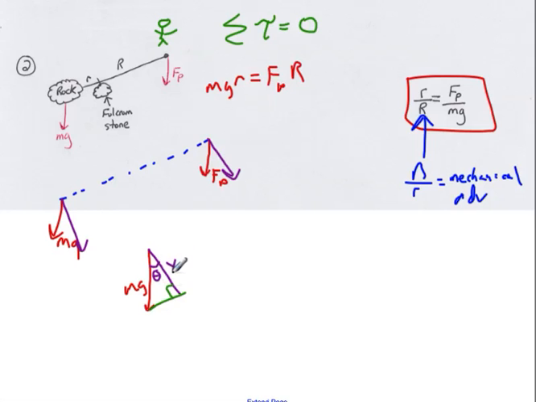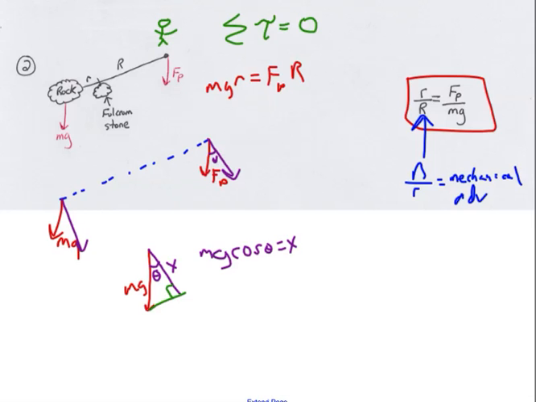So I'm going to solve this for x. You can see that that's really just a cosine ratio, right? So you can go mg times the cosine of theta equals x. And then you can do the same kind of thing over here if you put a theta in there.